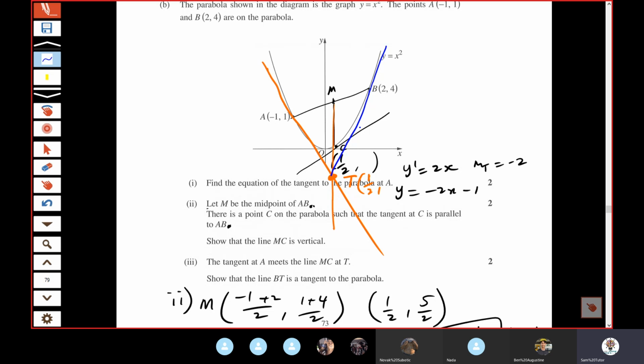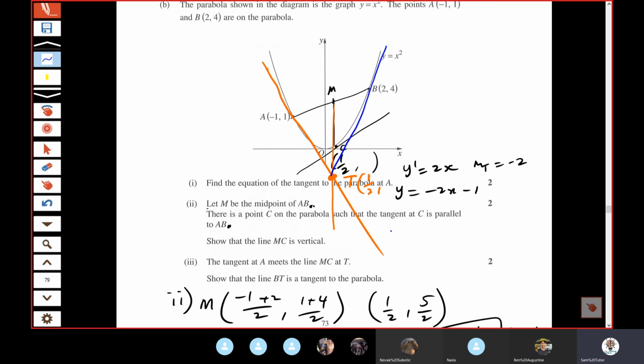Yeah, I was hoping to avoid that, but it looks like there is no other way. So I'm going to find the equation of the tangent at B and solve it simultaneously with the equation of the tangent at A, and if they both meet at a half, therefore I can say that the line BT is a tangent to the parabola. Does that make sense? Yeah.